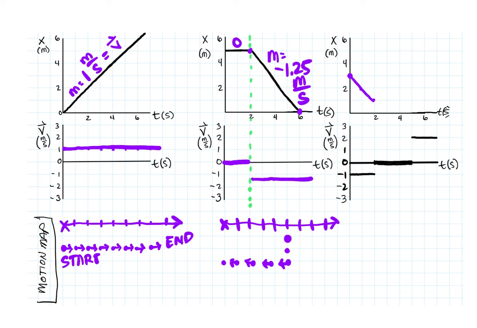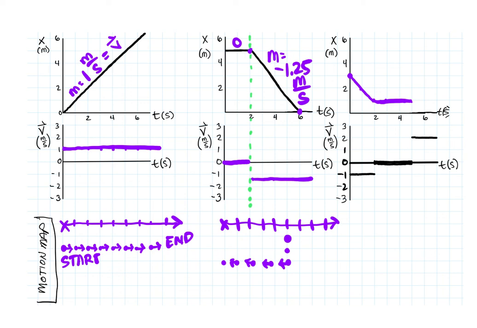Then I'm going to have a velocity of 0. Now think about what that means. So that means that the object is staying in the same position. It's not moving. So that means that if I'm at 1 meter position, I'm gonna stay there, and I'm gonna stay there for 1, 2, 3 seconds. So my line would look like that.